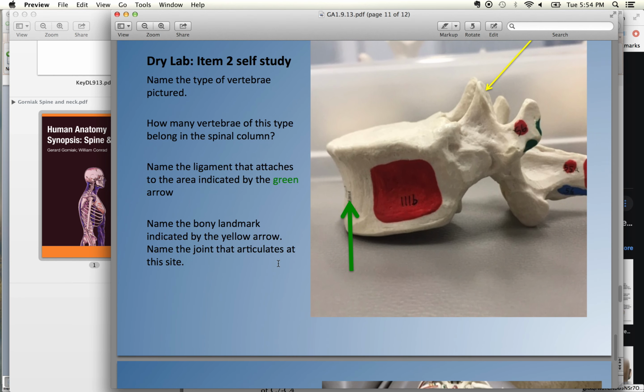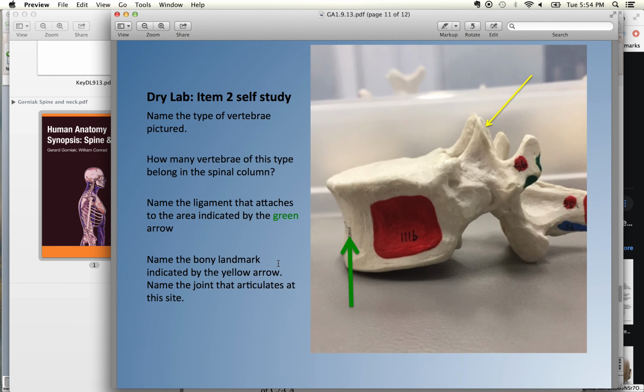Item 2, name the type of vertebrae pictured. This is a lumbar vertebrae. A lumbar vertebrae. Nice big lumbar vertebral body. You can see there with some of those processes, those specific features to the vertebrae coming in through here. Your pars interarticularis. Okay.